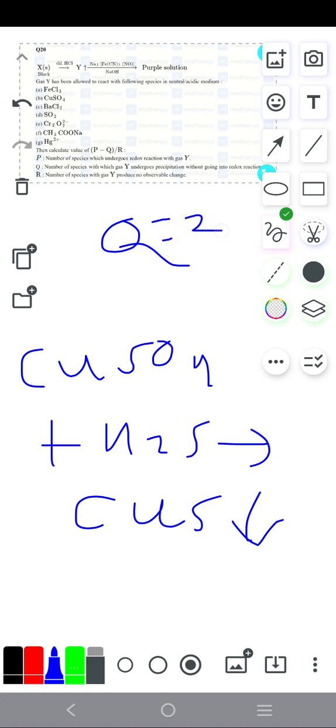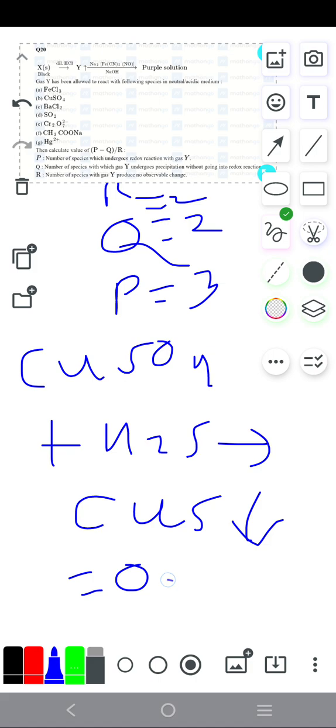And P: the A part was P, the D part was P, and the E part was P. So P was 3. And R: the F part was R, and the C part was R. So R was also basically 2. So we were asked P minus Q upon R, which is basically 0.5.